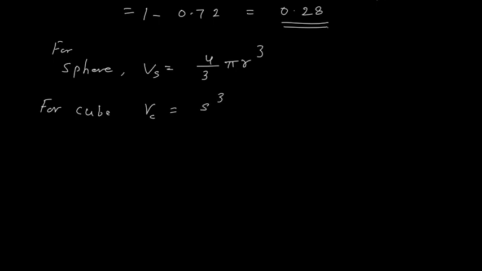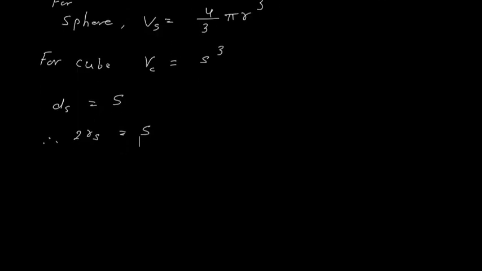Now what is given? It is given that the diameter of a sphere is equal to the edge of the cube. That means 2 times the radius of the sphere is equal to s. So in place of s I can write 2r.